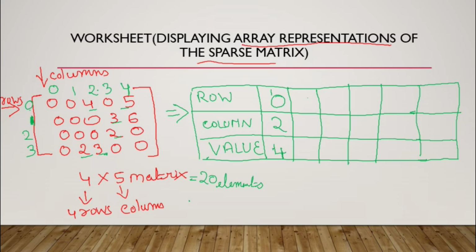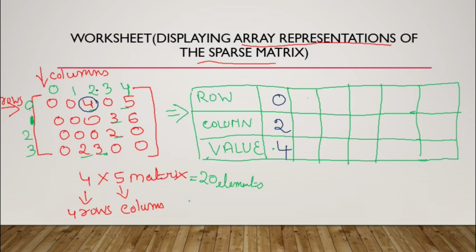Let me write it in a separate color so that it will be easy for you to understand, guys. So what did I write? That is nothing but at the 0th row, second column, what value do I have? 4. So I write that.